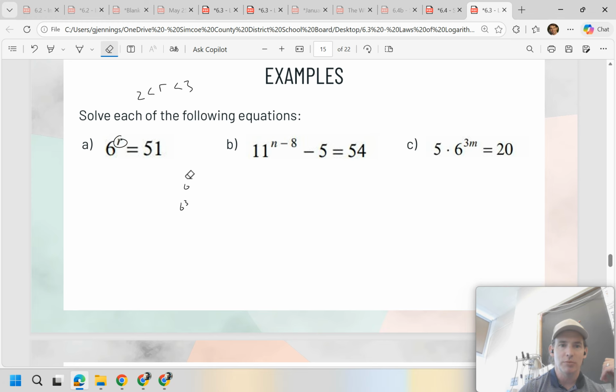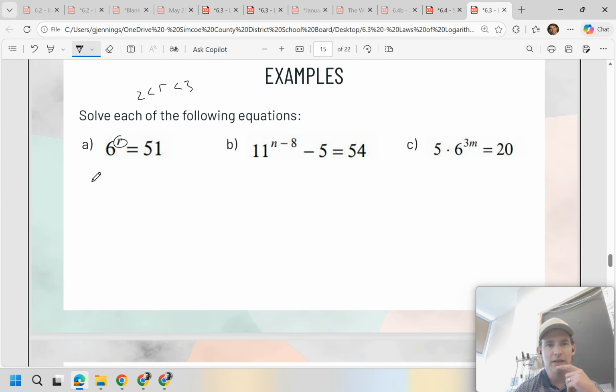We take the log of both sides. Okay, and so it would look like this. Log of 6 to the power r is equal to log 51. And then we apply the power law. So then we get r log 6 equals log 51.